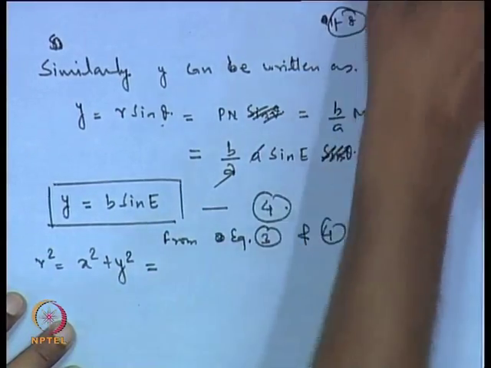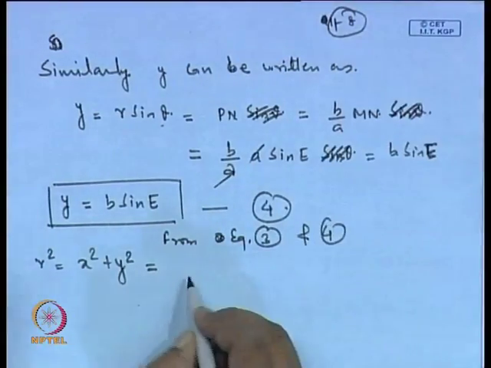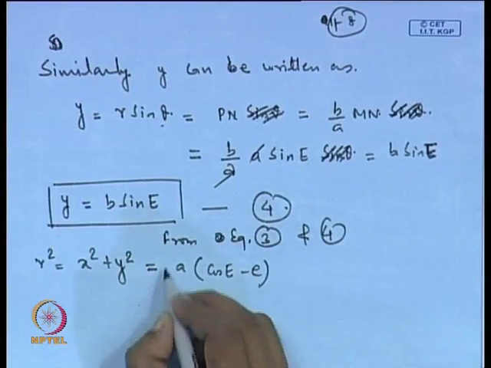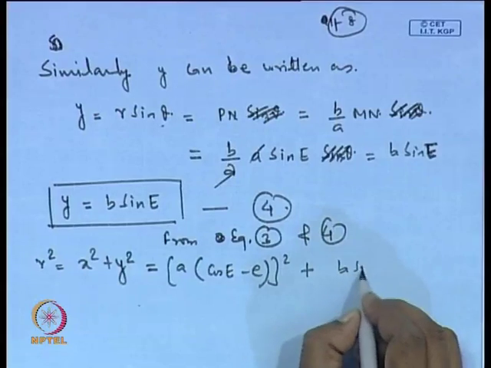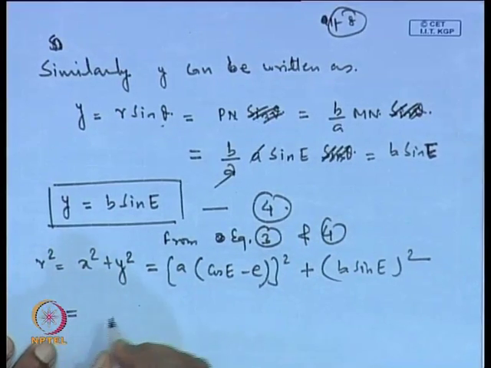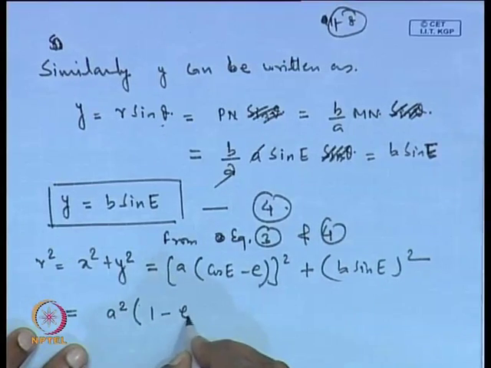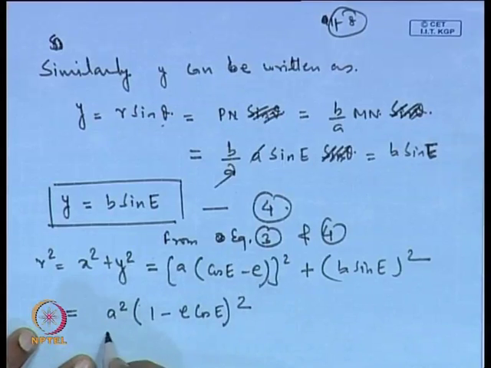So, x we have written as a times cos e minus e, and this whole square, plus y square, which is b sin e, this whole square. So, you can reduce it to a square times 1 minus e cos e whole square.